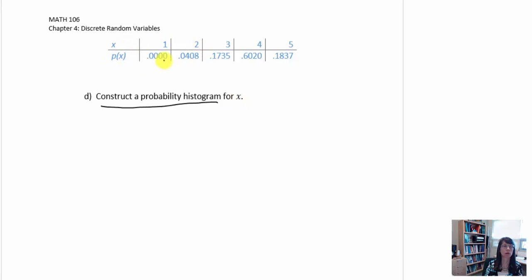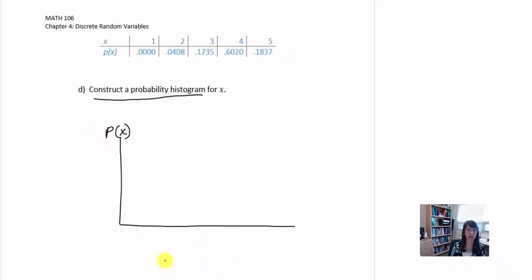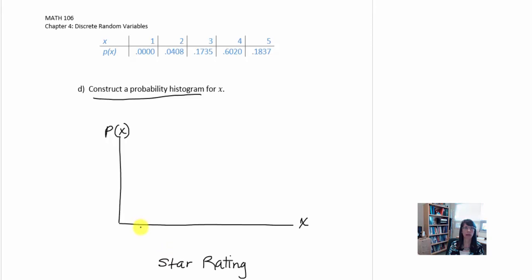So in the table, X values are the star ratings and P of X is the probability of X. So we'll begin constructing our histogram by drawing the axes. The vertical axis is the probability of X, and our horizontal axis is the star rating. So we have 5 different star ratings.